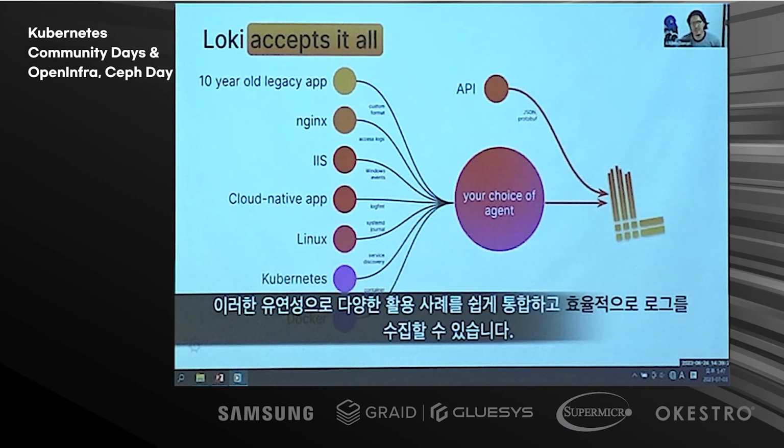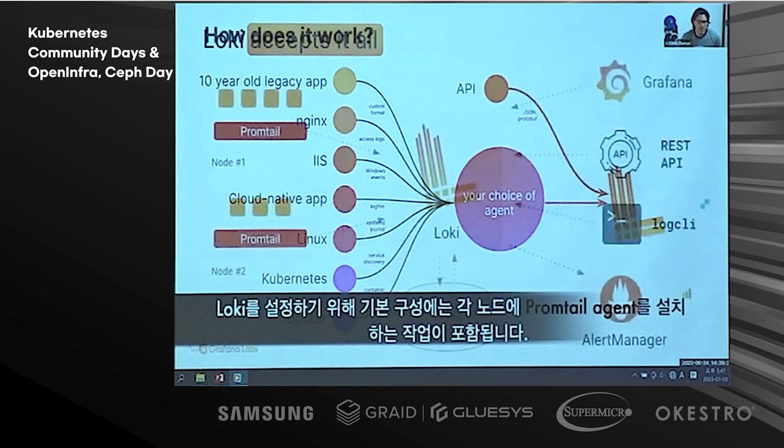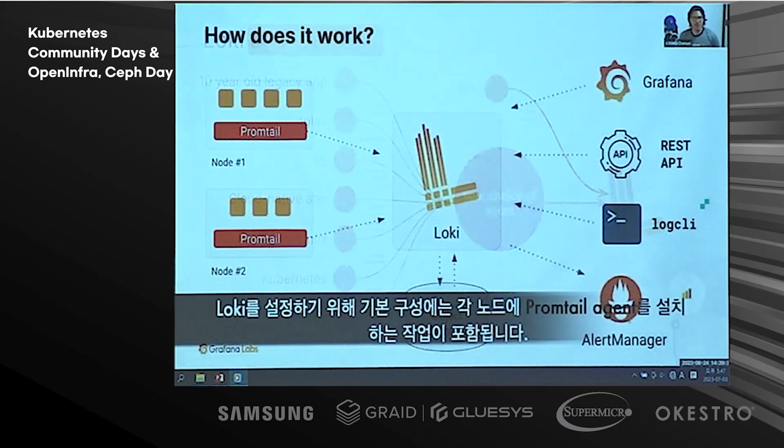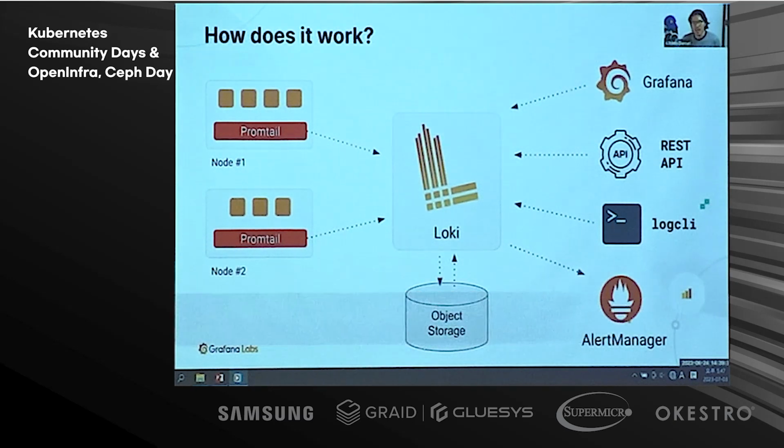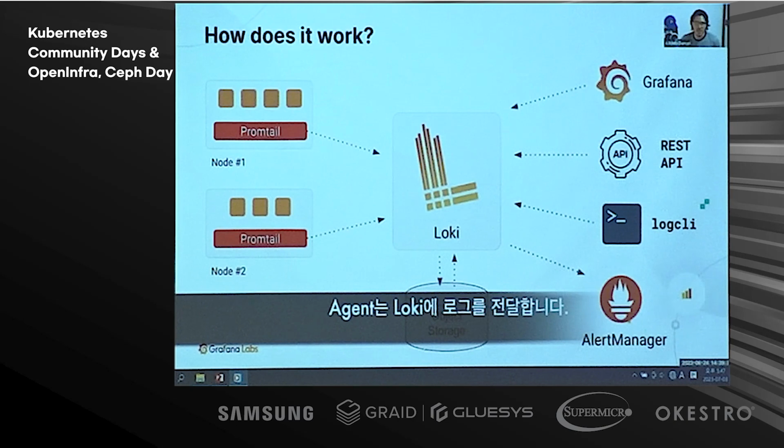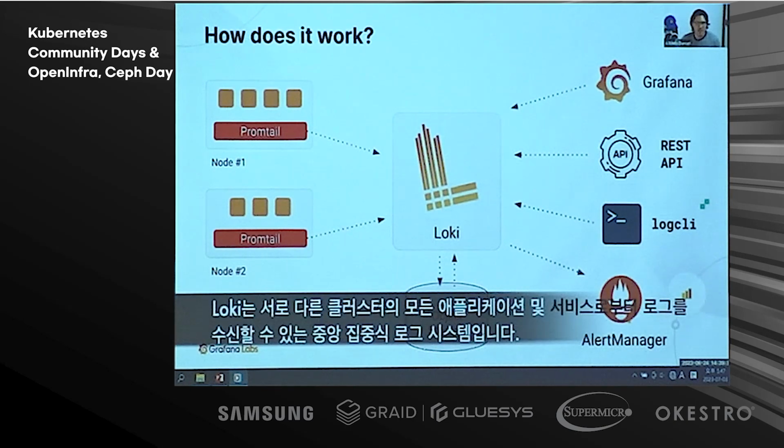This flexibility provides ease of integration and efficient log ingestion for diverse use cases. To set up Loki, the basic configuration involves installing the Promtail agent on each node. The agent is responsible for forwarding logs to Loki. Loki serves as a centralized log system capable of receiving logs from all your applications and services across different clusters.